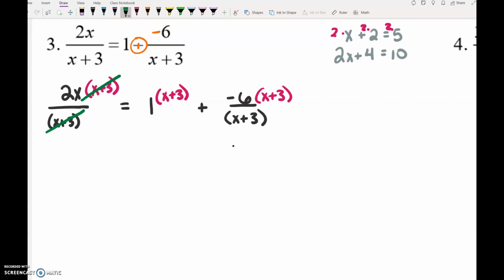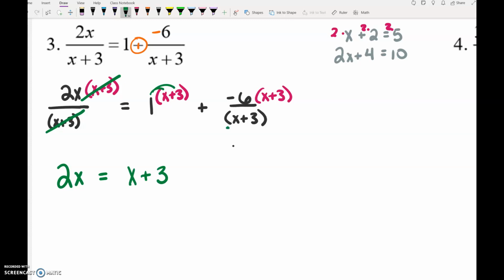the x plus 3's cancel. We're left with just 2x equals. In the next term, nothing cancels, but we would distribute. In this case, it just becomes x plus 3.